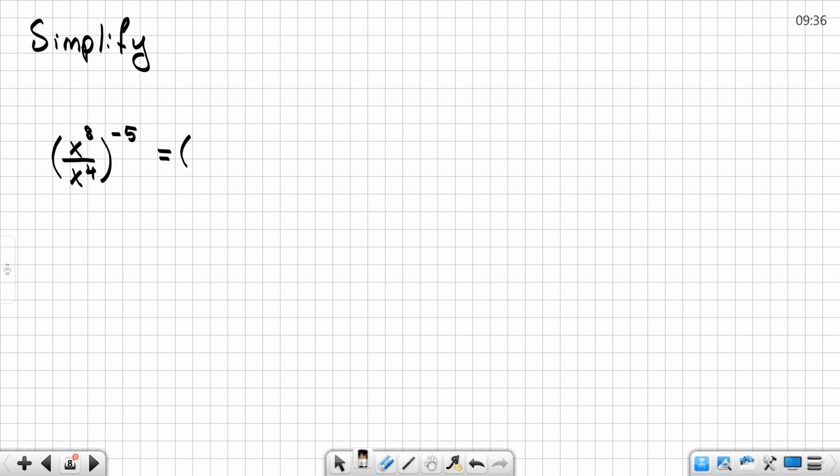So what I'm first going to be doing, I look on the inside. x raised to the eighth divided by x raised to the fourth is nothing else but x raised to the 8 minus 4. And that will be x raised to the fourth. Now I look at that negative 5 as an exponent on the outside of the parentheses, and in this case, what I have to do is I have to multiply these two exponents.